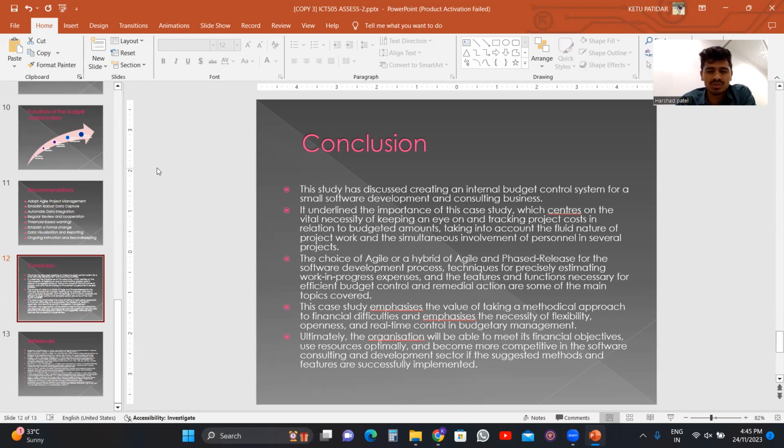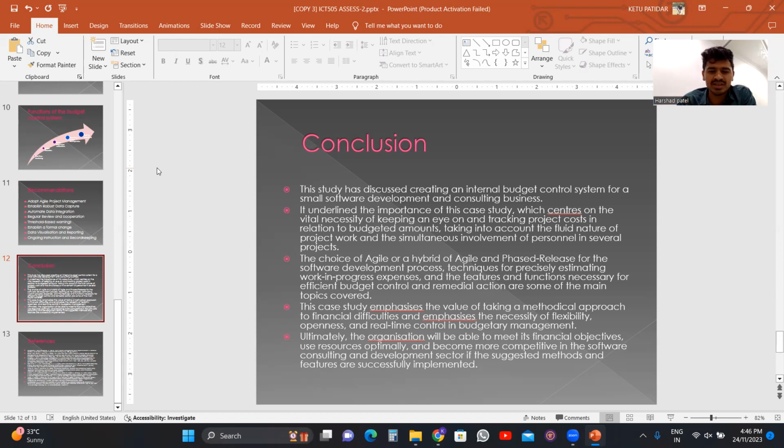The choice of agile or a hybrid of agile relies on the software development process. Technologies for estimating work in progress, features and functions for budget control, and corrective action are some of the main topics covered.